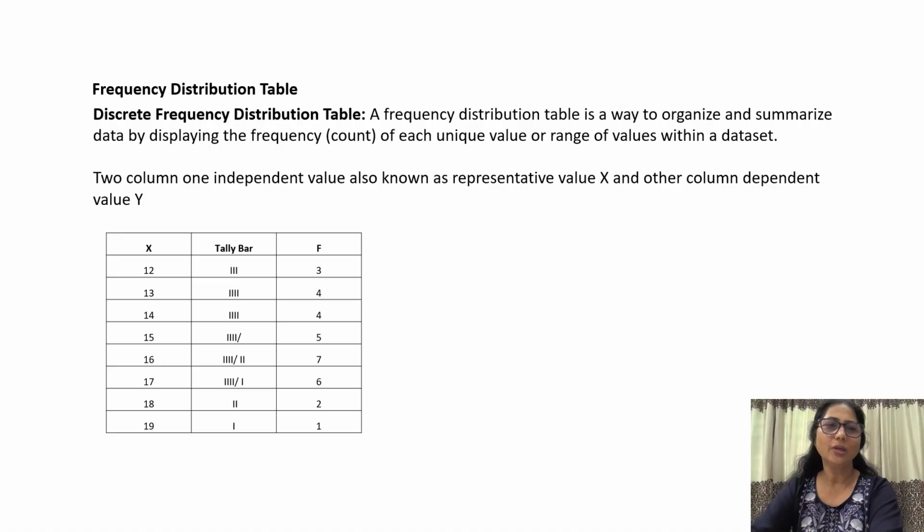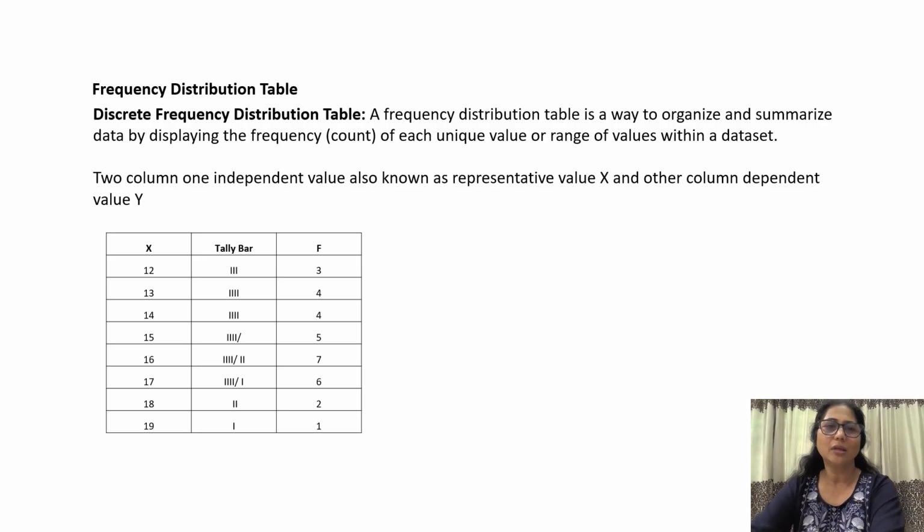So if we check how many times the age of 12 years of a student is there, we find in this series there are three. We can depict this on the basis of a tally bar, like three vertical lines showing that there are three students of 12 age group.